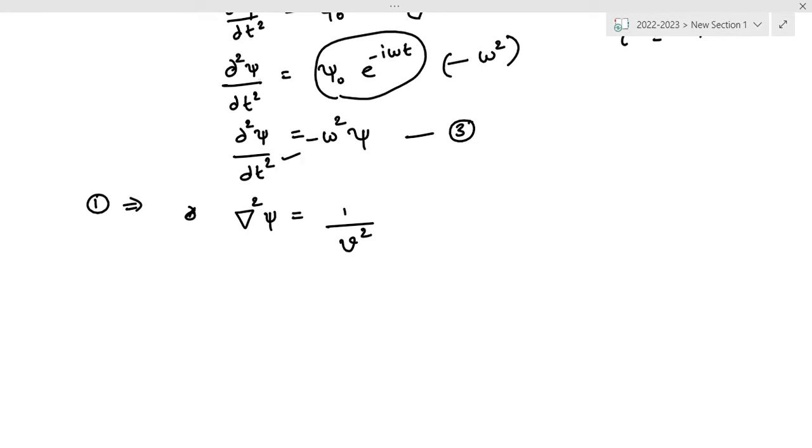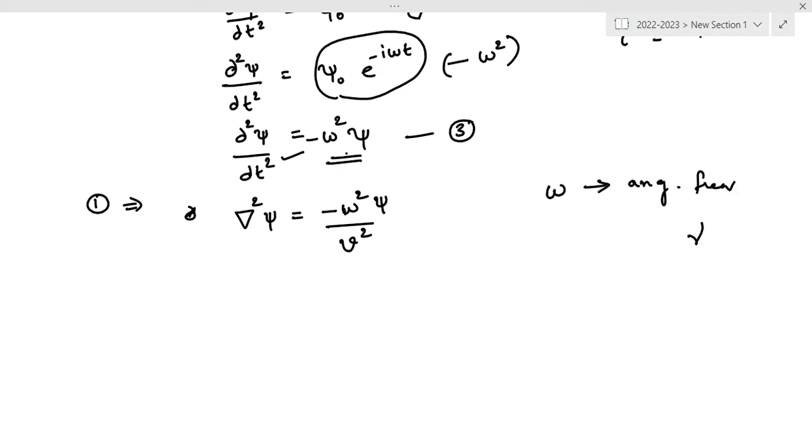Instead of that I am going to substitute this, so minus omega square psi. Now omega is the angular frequency.